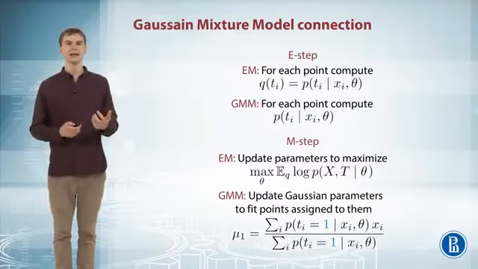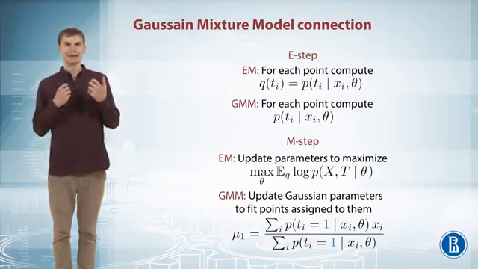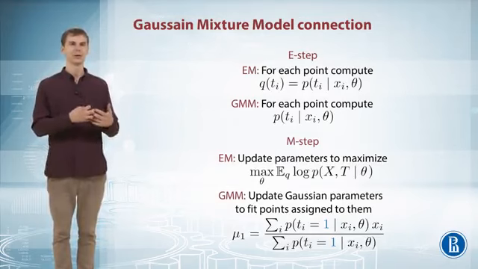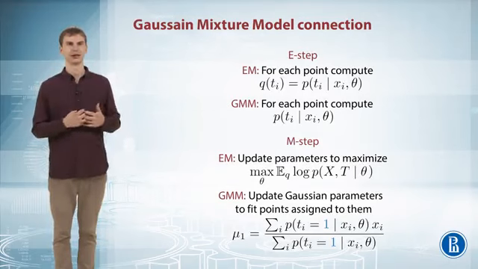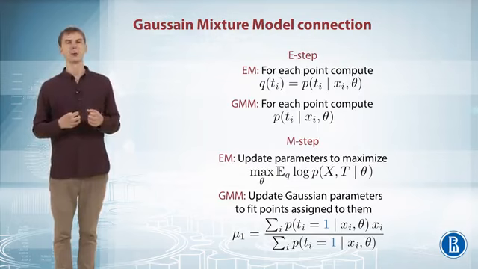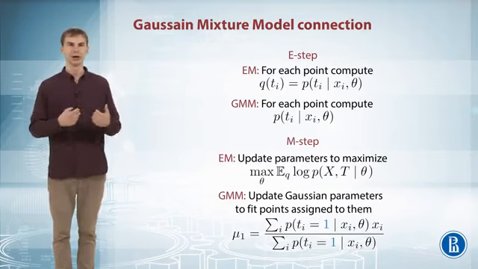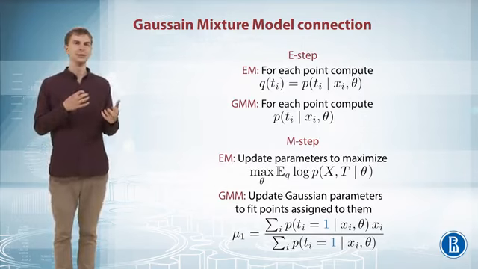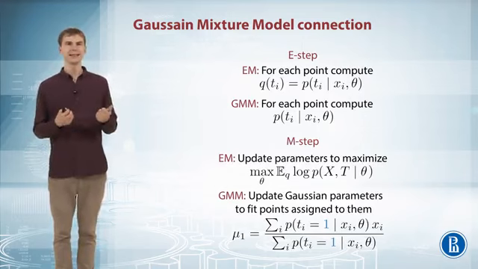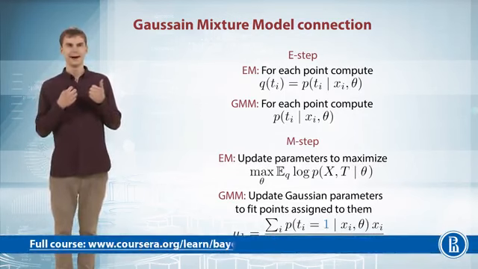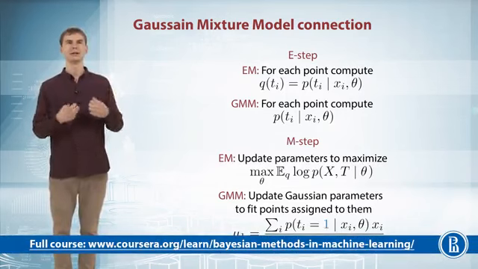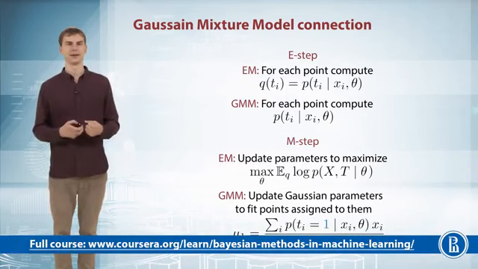So to summarize, the expectation maximization algorithm applied to the Gaussian mixture model gives you exactly the same formulas as we derived in the first module by just trying to do something reasonable. So in this case, we proved that this intuitive way of thinking about the Gaussian mixture model is just a special case of the EM algorithm. In the next video, we'll apply EM to some other problems.